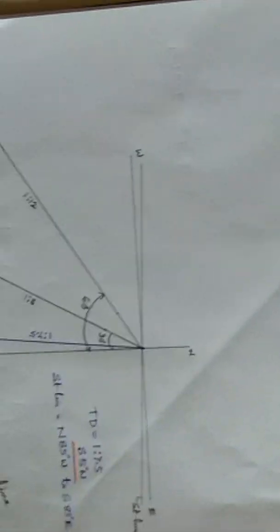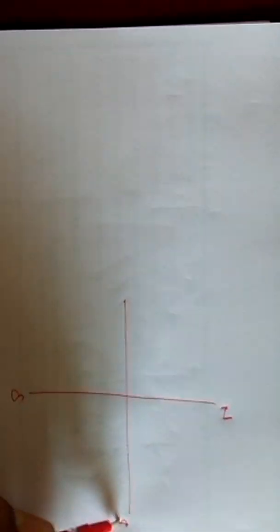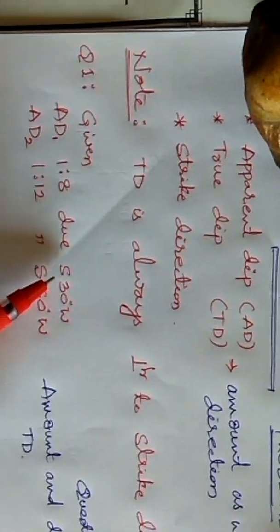So what do we have to do here? Friends, first of all, you have to draw the direction lines like this: north, south, east, west. Next, the apparent dip is the given data. We have 1:8 due south 30° west.